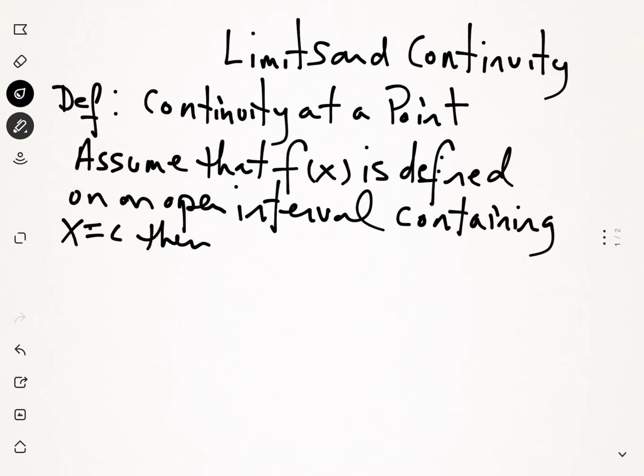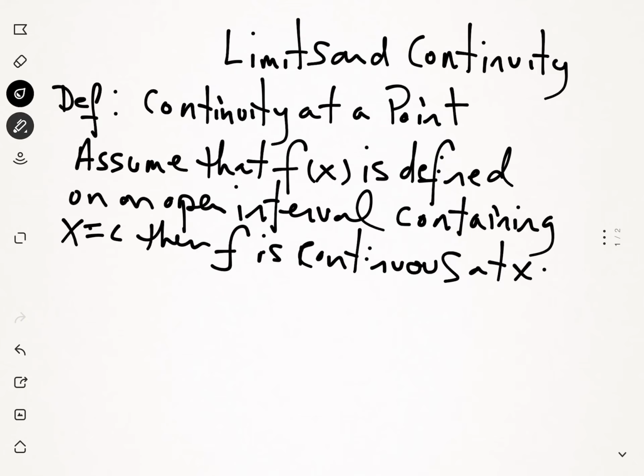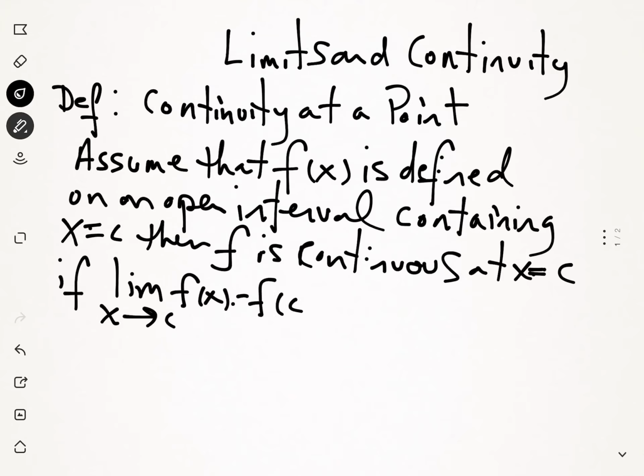Then f is continuous at x equals c if the following occurs: the limit as x approaches c of f of x equals f of c.